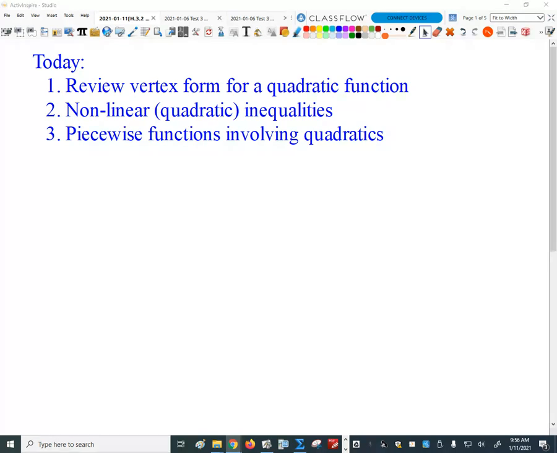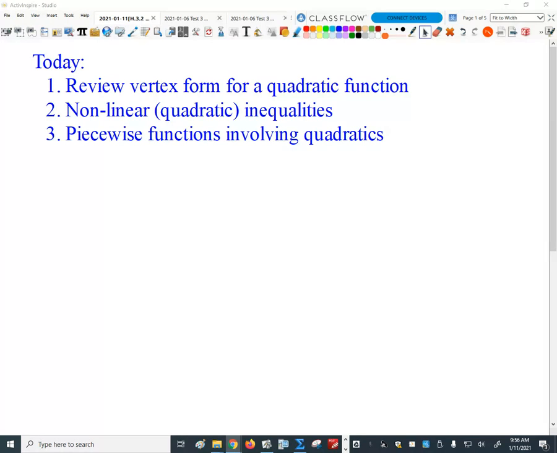Let's just do a quick review. So we've been talking about vertex form of a quadratic function, right? And just to put this in some context here, remember that we talked about how to do transformations of functions. The idea being that we could take any parent function, and once we know what the parent graph looks like and we know what some key points are, we're able to do a variety of transformations, right?